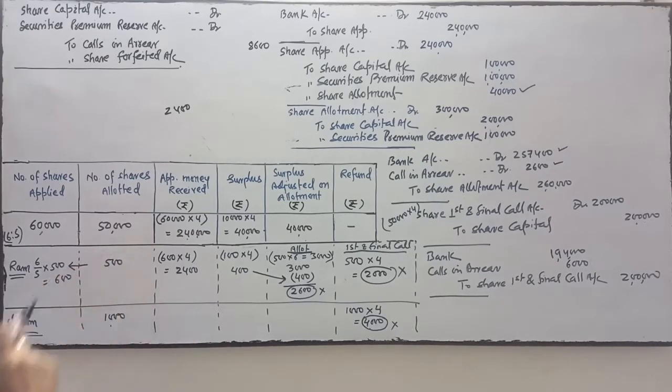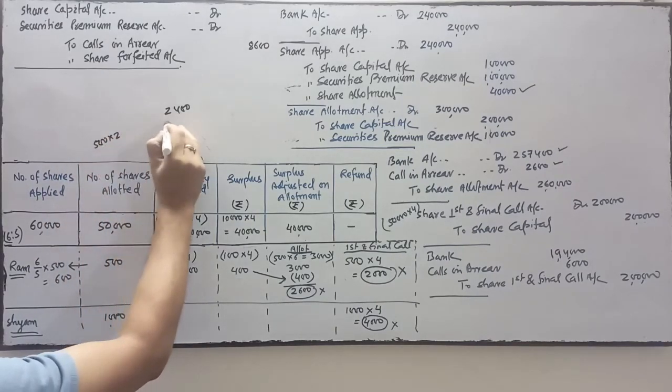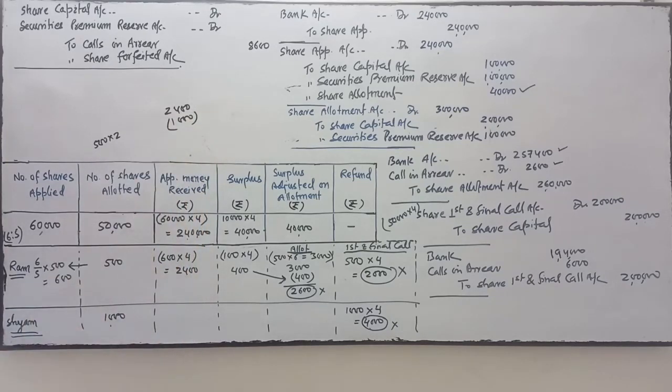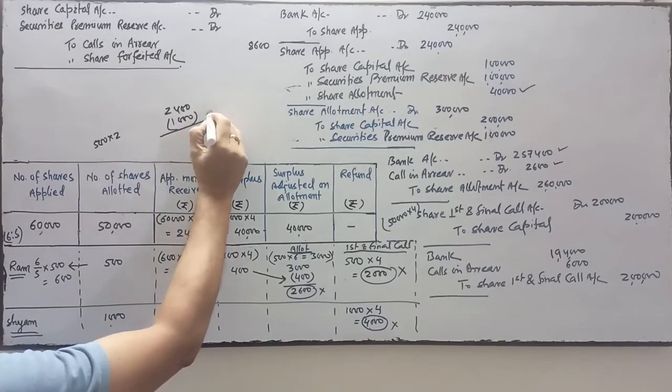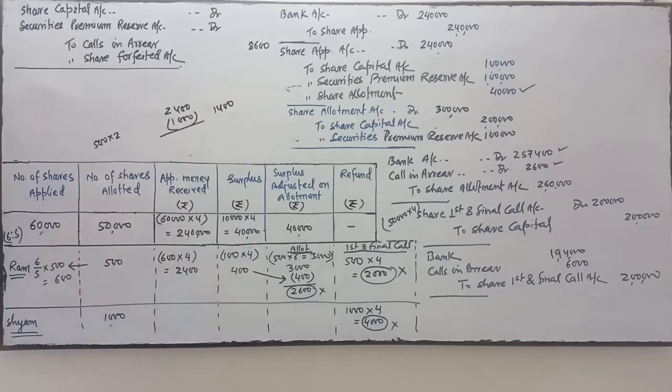Okay, so on application he has given the securities premium. Securities premium at the rate of ₹2 is given by him. So 1000 will be deducted from it because it is related to securities premium reserve. So 1400 of Ram will be forfeited, excluding securities premium reserve.